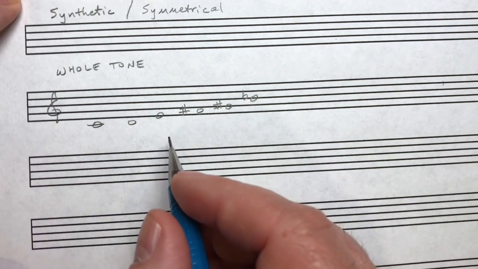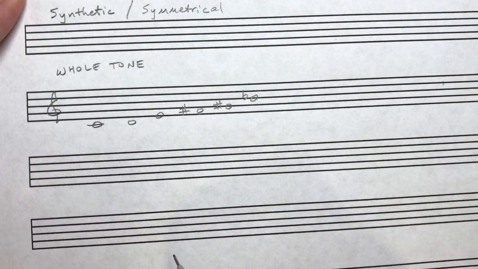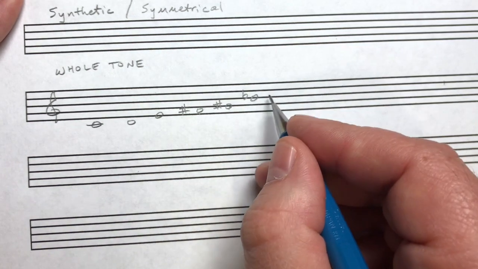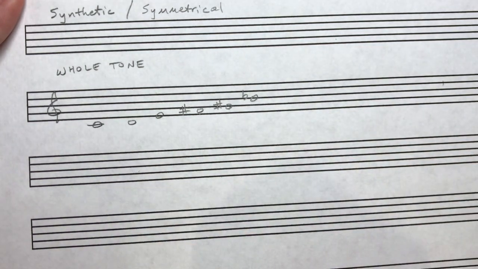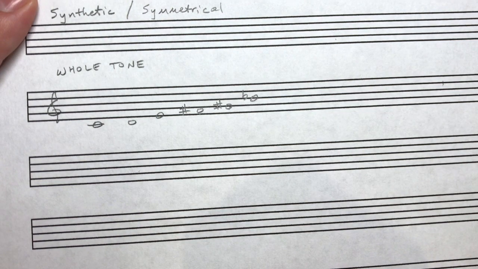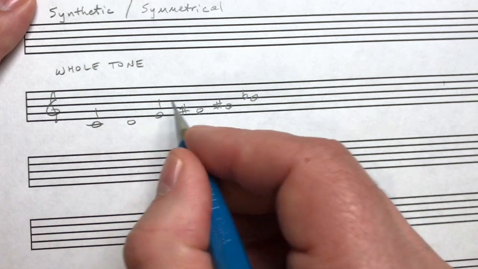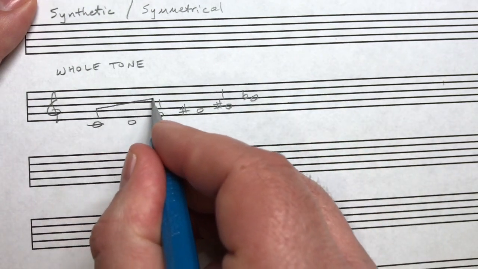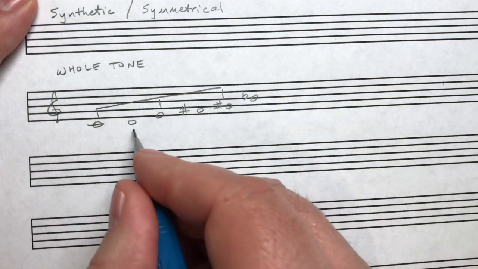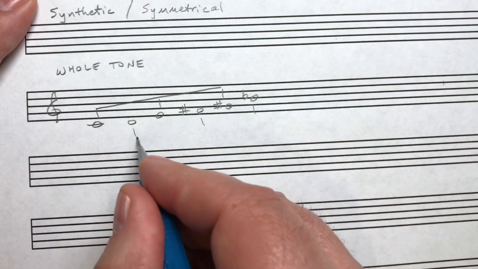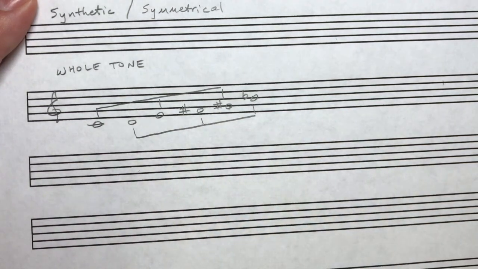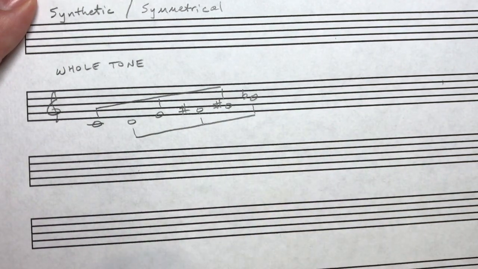The whole tone scale is a 6-note scale made up of all whole tones. And if you keep going, you're going to start to repeat the notes. You can look at this scale as a juxtaposition of two augmented triads a second apart, for example, C, E, G sharp is an augmented triad, and D, F sharp, A sharp, or B flat is also an augmented triad.